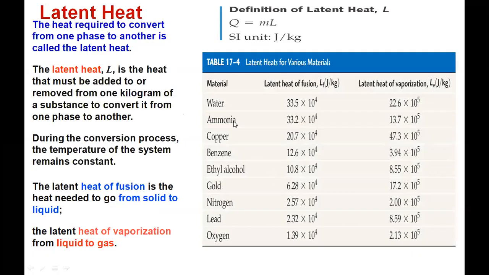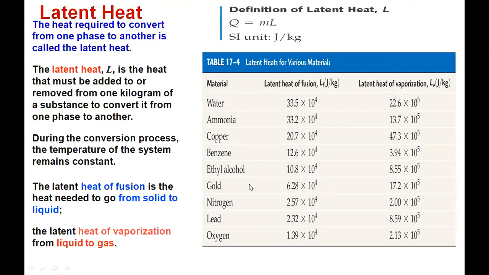Okay, here is latent heat for some material, and again we define the latent heat L: Q equals M times L, where the unit is joule per kilogram. L equals Q over M, and Q in joule and M in kilogram.